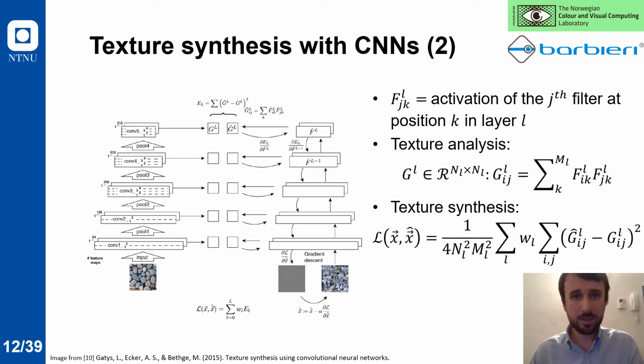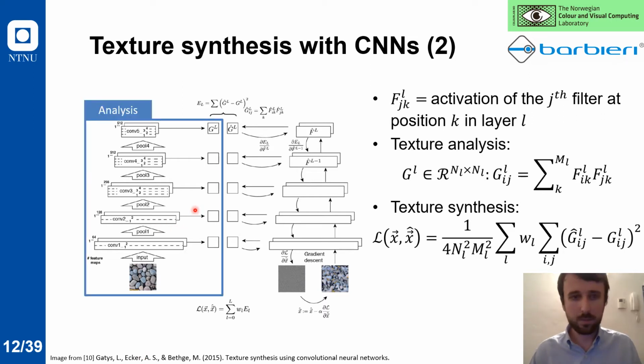Here is the structure of the network used by Gatys and colleagues. On the left you can see an analysis stage that uses the VGG to extract Gram matrices from the input image, meaning the spatial average of the convolutional activation weights of the network.